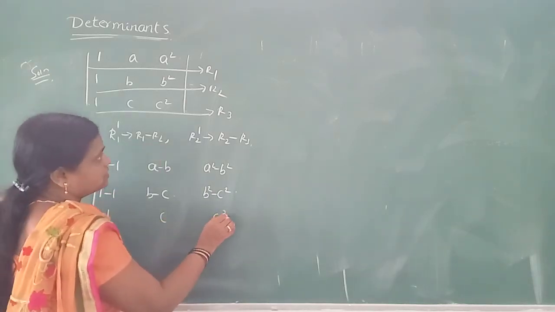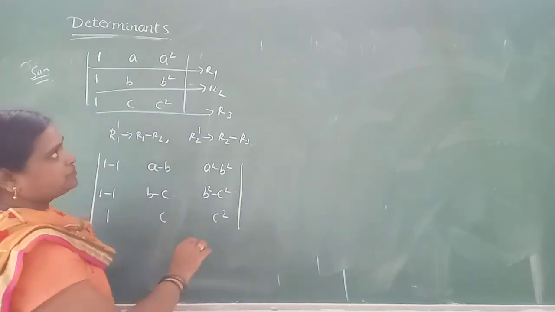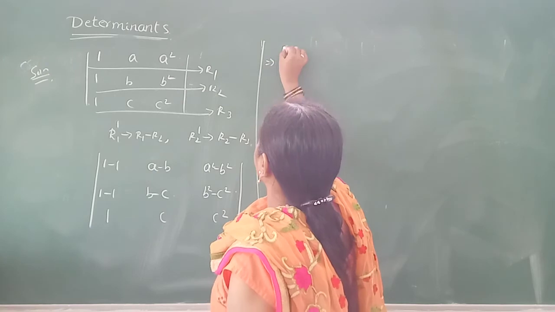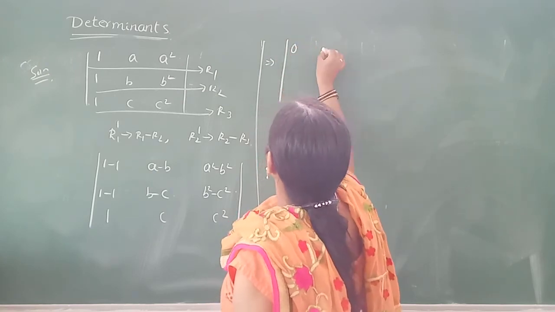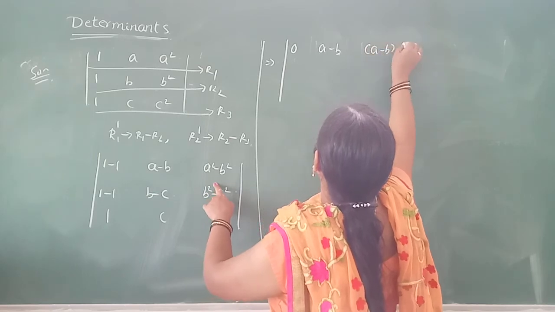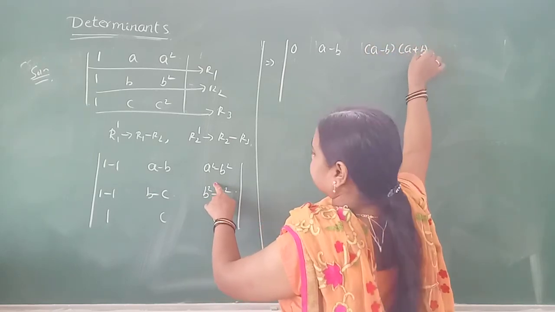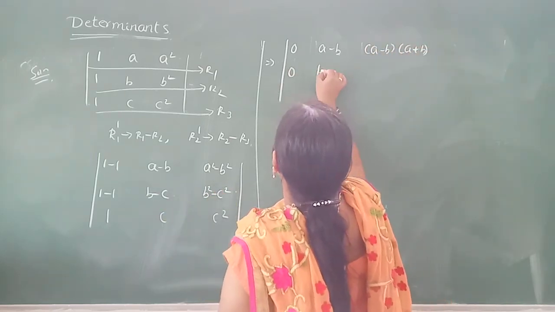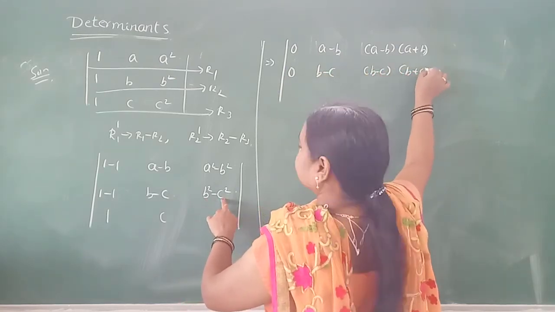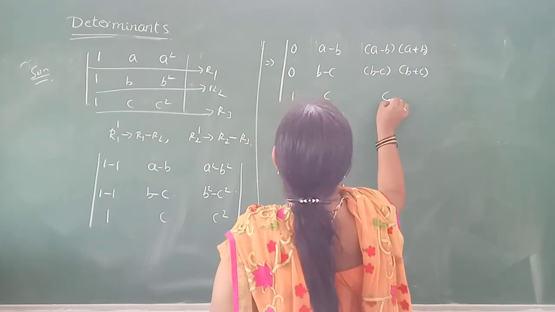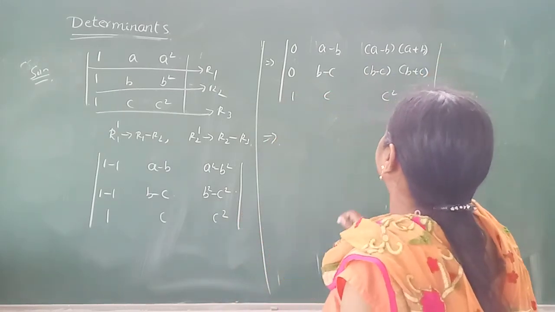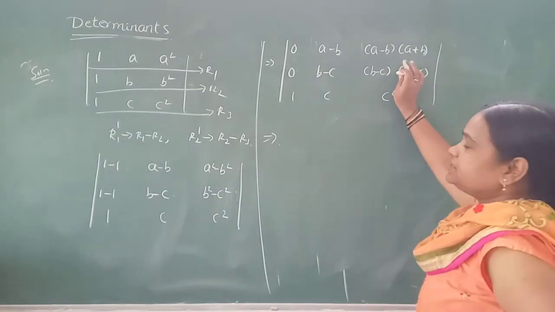1, C, C square. Next, we get 0, A minus B, and we know that A square minus B square is A minus B times A plus B. Then 0, B minus C, B minus C times B plus C, and 1, C, C square. Please concentrate here.